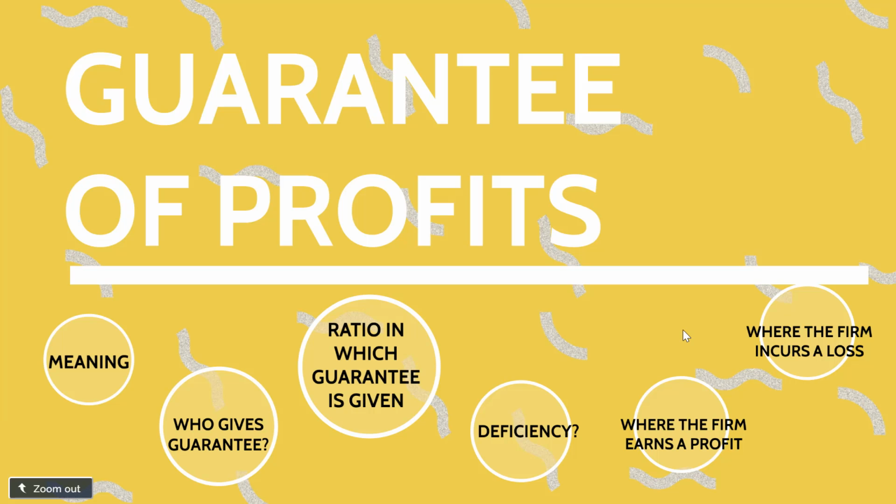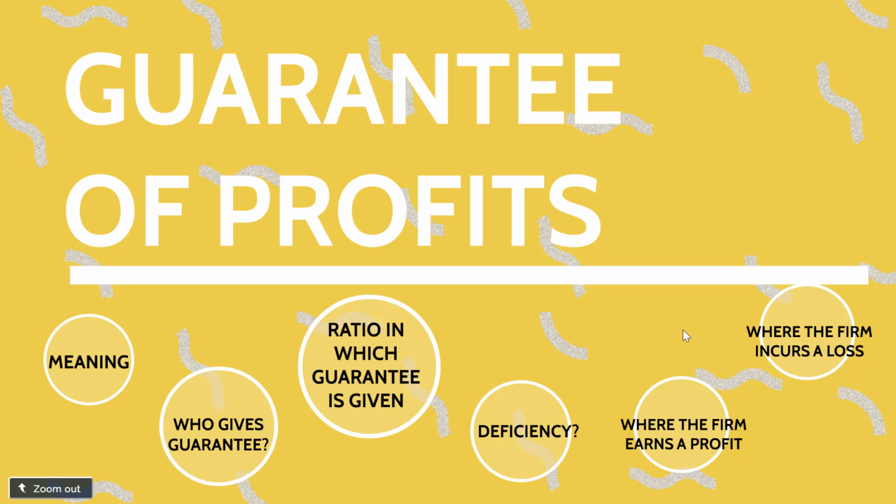Hi, we are in the topic of guarantee of profits to a partner. When a sum is given to us, either it will say that the firm has earned a profit for the year or that the firm has incurred a loss for the year.